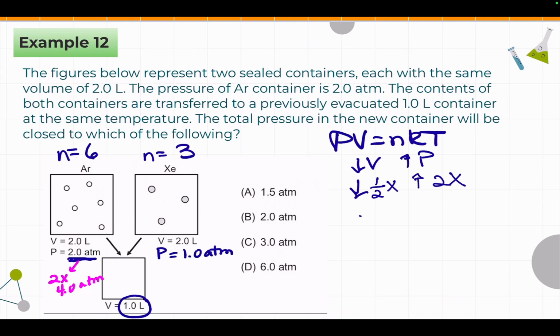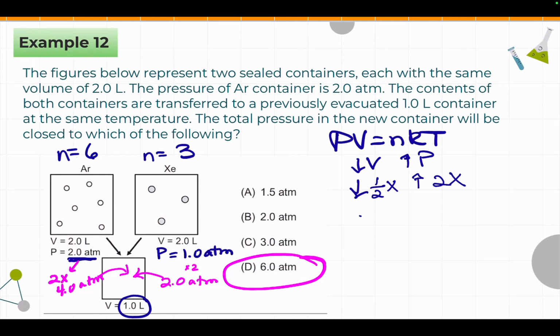The pressure of my xenon is going to be times 2, so my new pressure is going to be 2 atmospheres. So when they both go into the small container, the sum of those 2 pressures is 6 ATM. So that is my answer here.